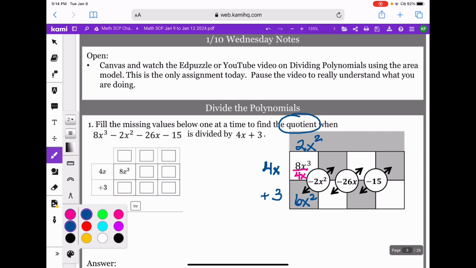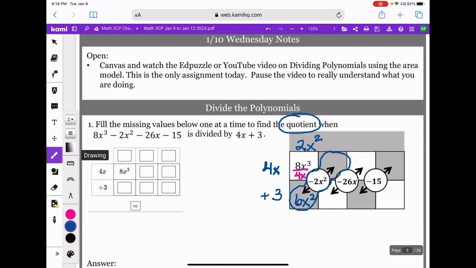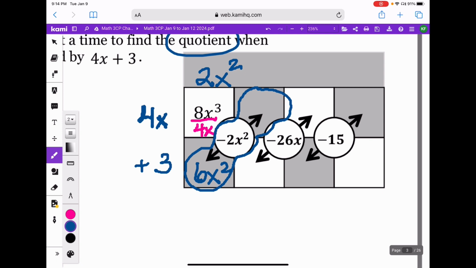So now we're back to that peanut idea that I was talking to you about earlier. And we've got to figure out what goes in this box right here in order to get negative 2x squared. So if you can do this in your head, that's great. If not, I'm going to show you on the bottom of this box here how you would find it.